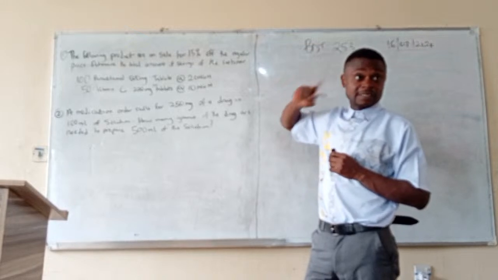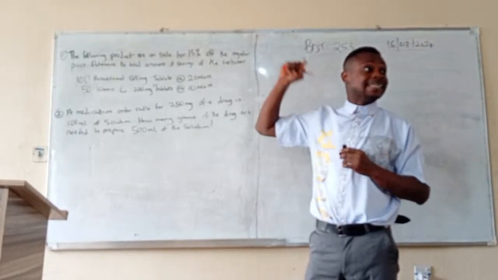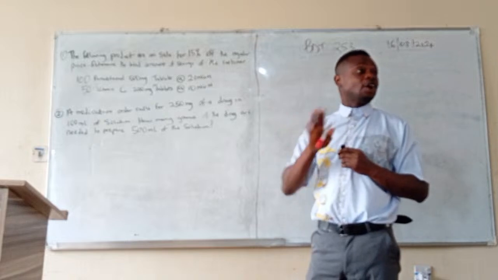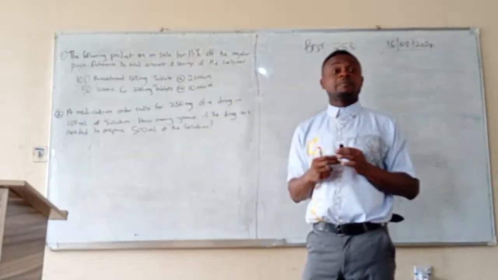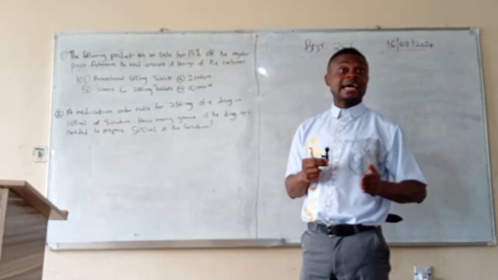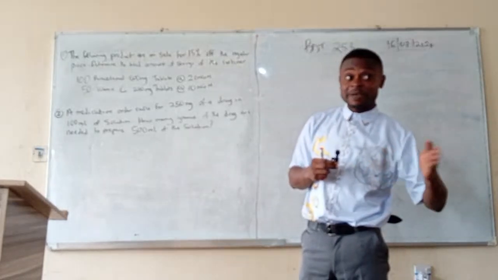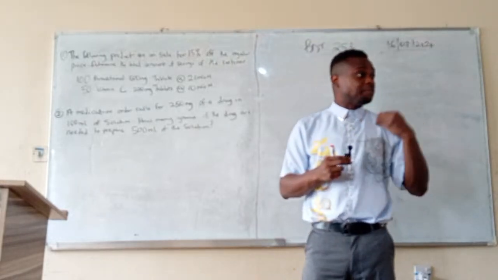Am I communicating? They didn't ask you how much it was sold to the customer. No. The savings. Under normal circumstances, without the discount, the customer would have bought it at full price. But they have 15% discount. In Igbo language, you say that ewa poly again 15%. So that is the amount the customer will save.